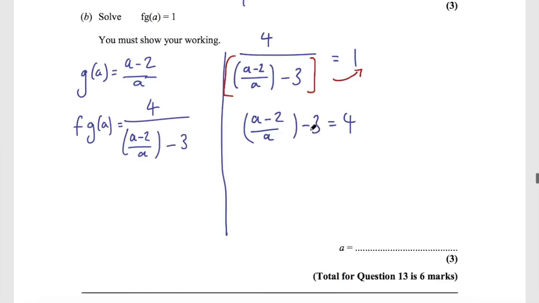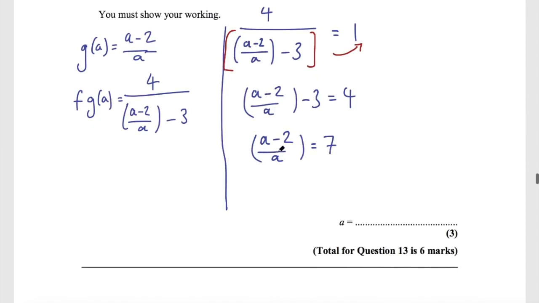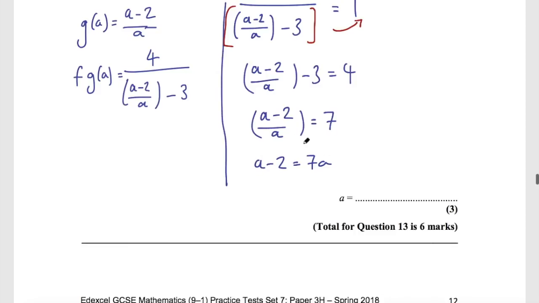Then let's add that 3 to the other side. So a minus 2 on a equals 7. And now multiply by a. So a minus 2 equals 7a. And then take that a over to the other side, so we have to subtract a. So we're going to get minus 2 equals 6a.